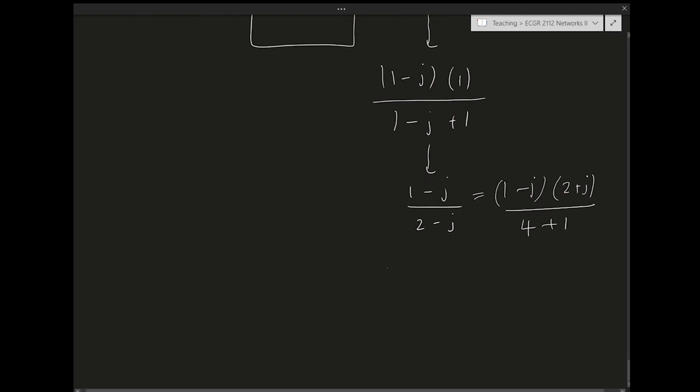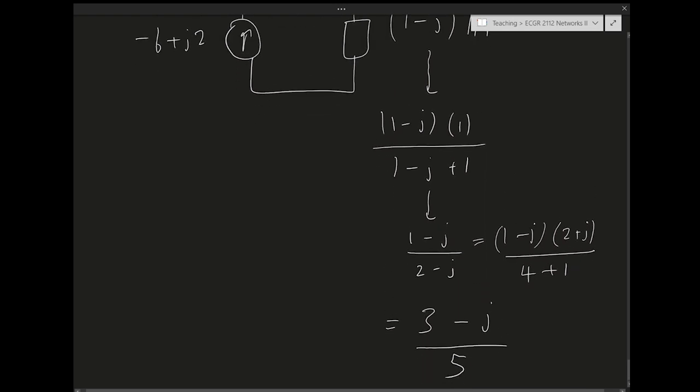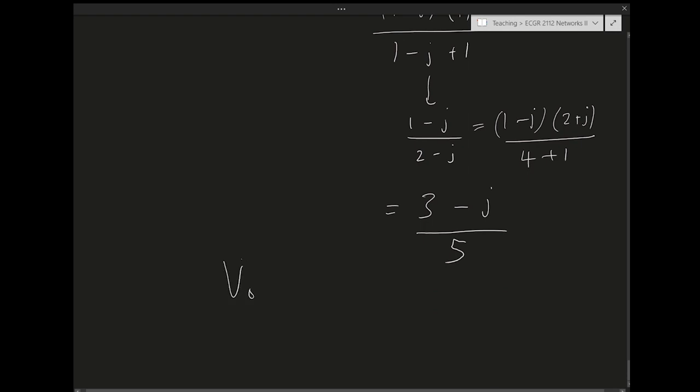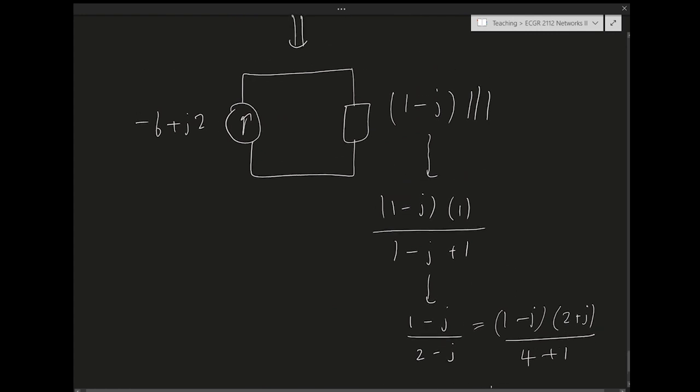So the real part is 3, and the imaginary part is minus 2J plus 1J, which is minus J, over 5. So that is the equivalent impedance. So what is VO? VO is just this equivalent impedance times the Norton current.